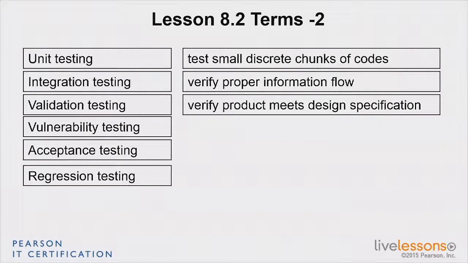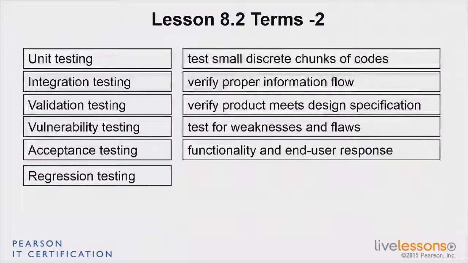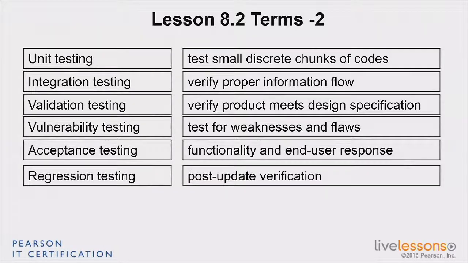Validation testing is ensuring that the product meets the design specifications. Vulnerability testing is testing for weaknesses and flaws. Acceptance testing is testing for functionality and end-user response and acceptance. And lastly, regression testing is post-update verification to ensure that any changes or updates did not impact the functionality or the security.